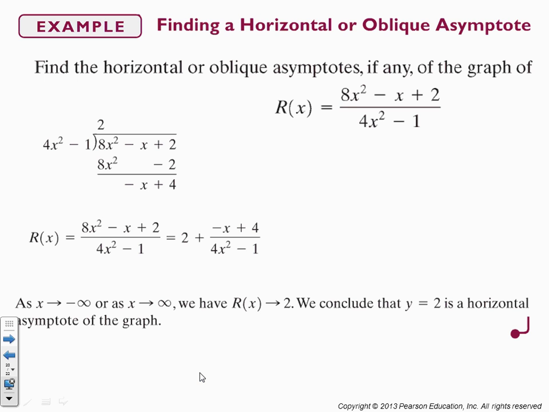So we're going to have a horizontal asymptote at y equals 2. And once again, we ignore the remainder rational function because as we get close to infinity or negative infinity, this becomes closer and closer to 0 and does not affect our function.